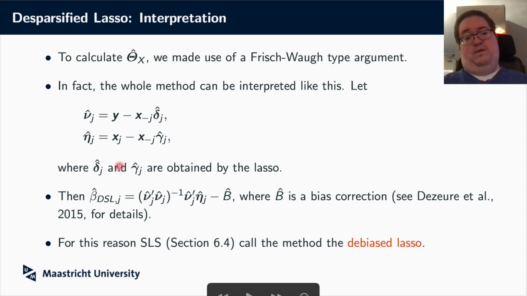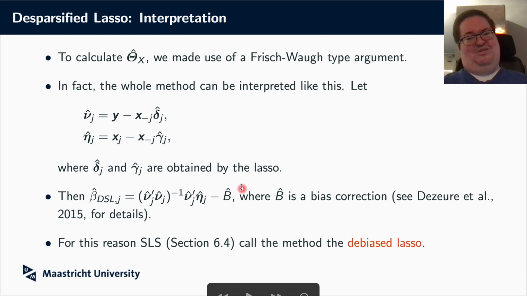And in fact, we can even go one step further and rewrite the process like that and say, we could do a regression with the lasso of y on all the other variables, as well as of xj on all the other variables, and then write the Desparsified Lasso coefficient of entry j as the Frisch-Waugh kind of regression of the residuals of these two regressions minus a bias correction.